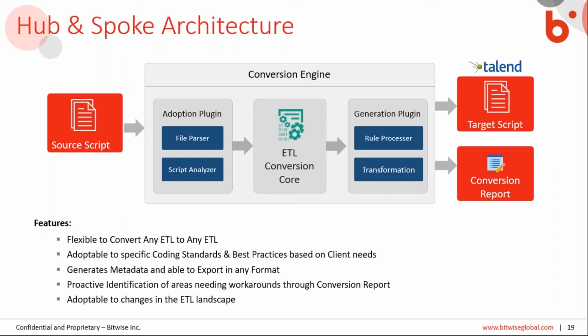This Talend XML can then finally be imported into Talend, and you have the ETL sitting in Talend. So it reads the source ETL, brings it into the core, does its optimization and best possible fit against Talend, and then generates the Talend ETL from there.